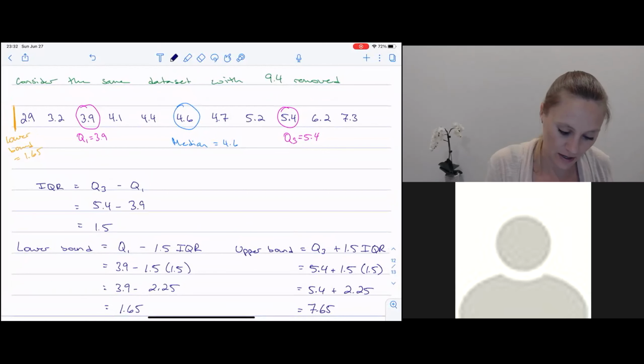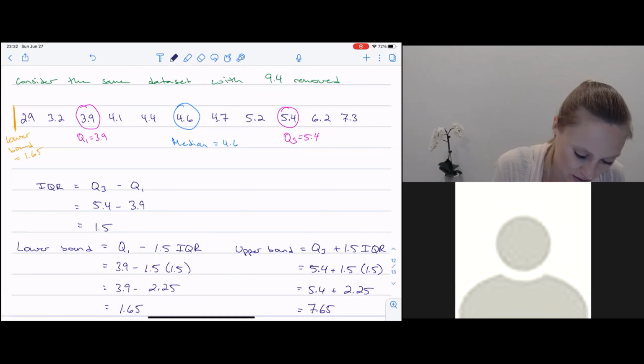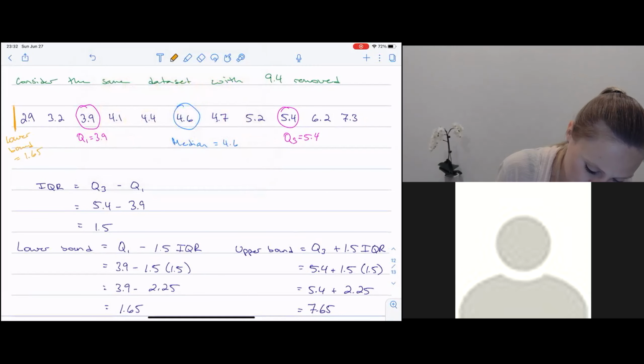5.4 plus 2.25 puts me at 7.65. Now, if I look here and I have 7.3 and 7.65, 7.65 wraps around 7.3. So in this case, the upper bound is 7.65.